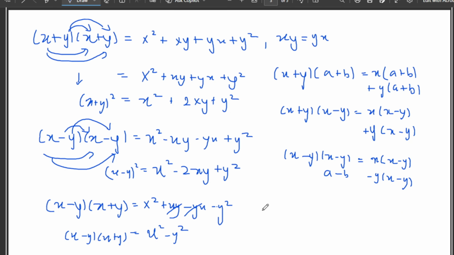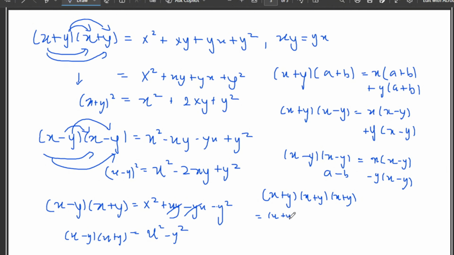How about three factors? X plus y times x plus y times x plus y. What is this equal to? Well, we know that x plus y times x plus y is x plus y squared, yeah?